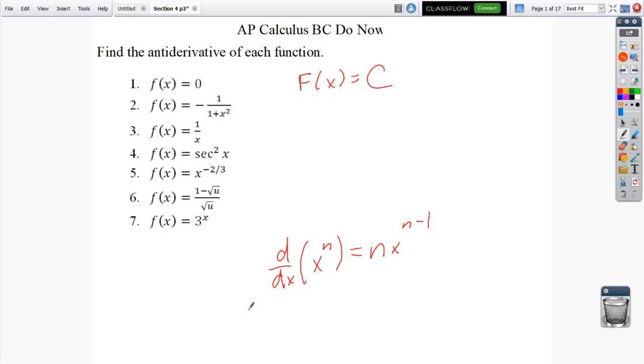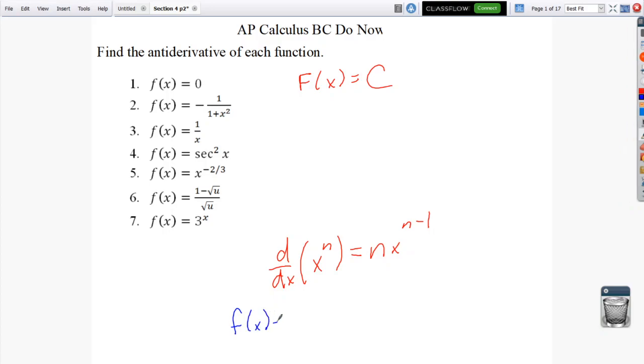Now what we want is, let's make this a separate color just to keep it separated here, we have the function is equal to x to the nth. That's going to imply that its antiderivative, we need to do the opposite of everything we did for the differentiation. So instead of subtracting 1 from our exponent, we need to, opposite of subtract, add 1. So this is going to be x to the n plus 1.